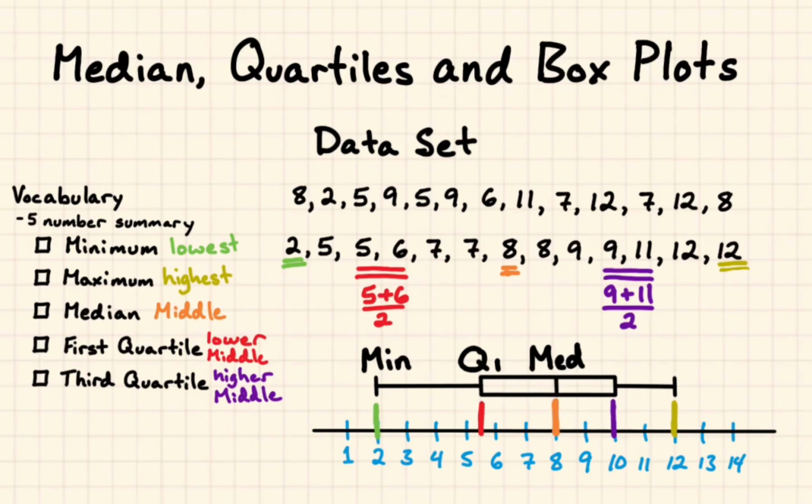Then we have our quartile 3 or Q3. And about 50% of the data lies between Q1 and Q3. And then we also have our maximum value. And that sums up our 5-number summary.